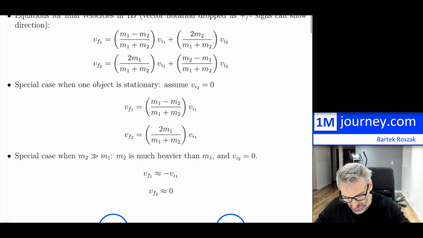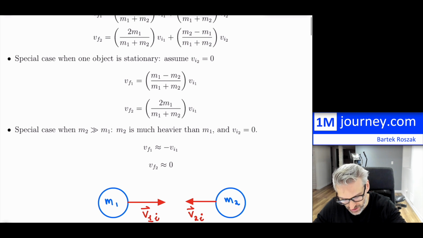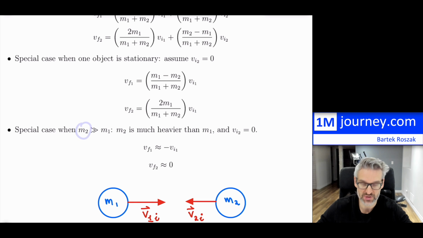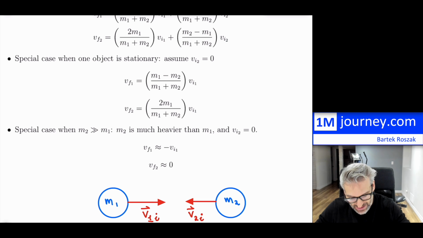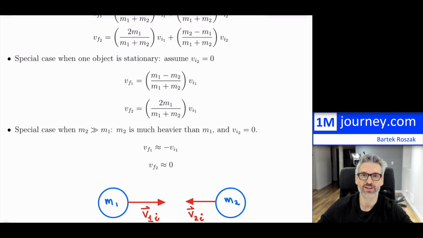Now, the second special case is this one, when one object is just simply huge in comparison to the other object. So let's say m2 is much, much heavier than your object m1. And in this case, we're also going to be assuming that your heavy object is stationary. So it's literally like hitting a stationary truck.